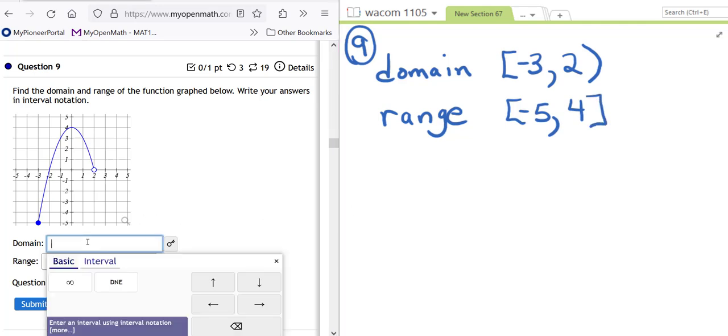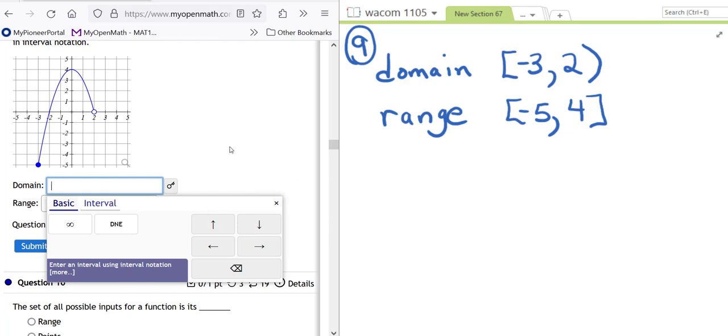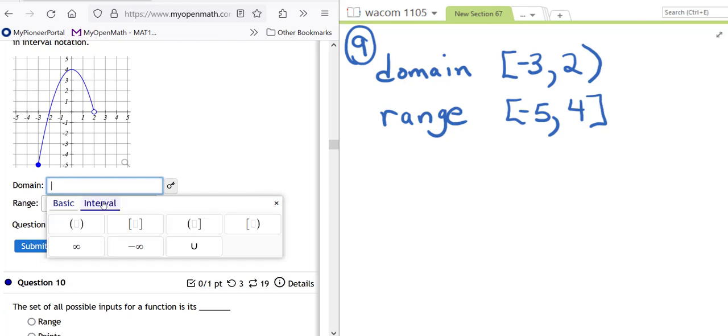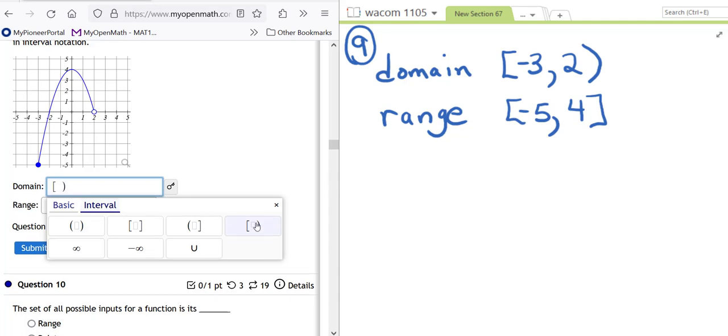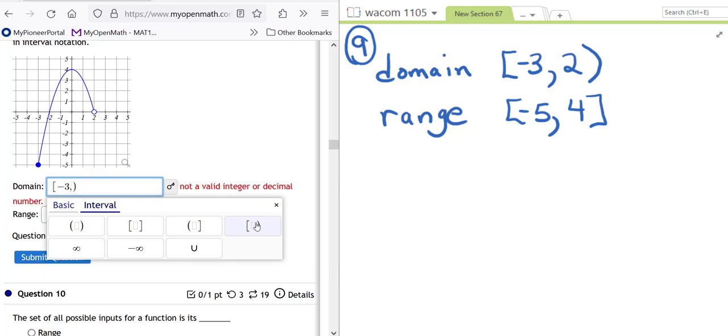Okay. So to put those in, let's do interval. They'll give us the notation. You have to watch if you pick this. So I have brackets to parentheses on my first one, and I'm going to do -3. You could have typed it with your keyboard also. And 2.